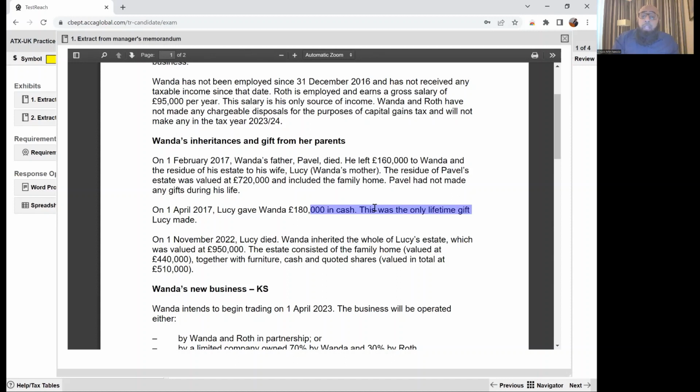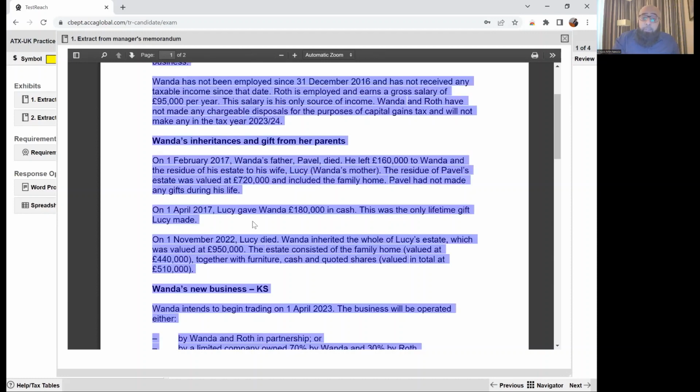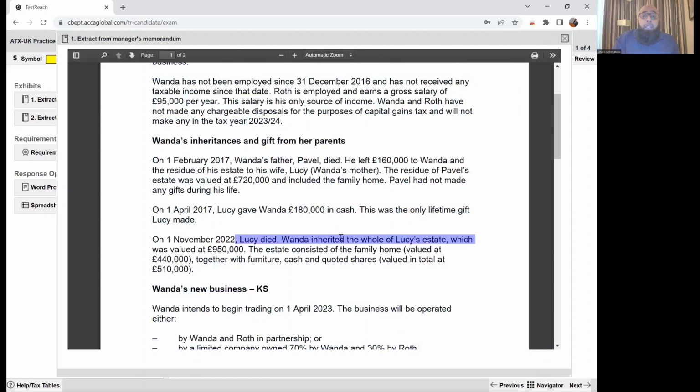This was the only lifetime gift Lucy made. On 1st November 2022, Lucy died. Venda inherited the whole of Lucy's estate, which was valued at 950,000. The estate consisted of the family home valued at 440,000, together with furniture, cash, and quoted shares valued in total at 510,000.